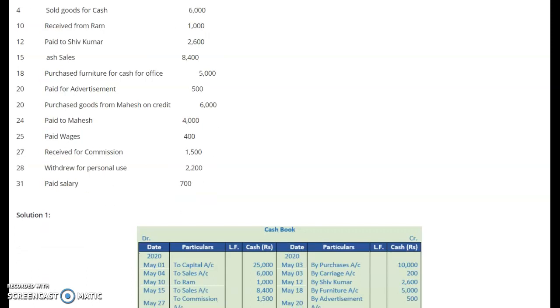For example, in the first transaction, commenced business with cash rupees 25,000. The journal entry will be cash account debit to capital account. Now when we post this entry in this cash book, we write the reverse, here To Capital Account. As the cash comes into the business, we write here rupees 25,000 To Capital Account, rupees 25,000 on account of the cash received.